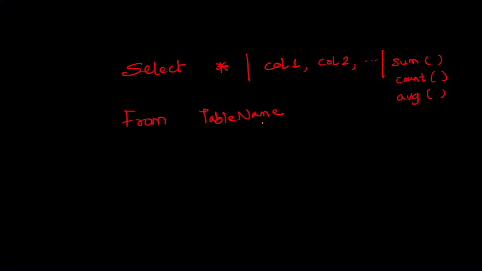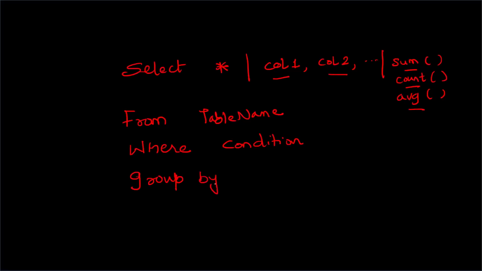Table name. If there is some filter criteria, in that case, we have to specify the where condition. In case you are using some aggregation function with some dimension, some column, then you have to specify group by, and the dimension column 1, column 2.